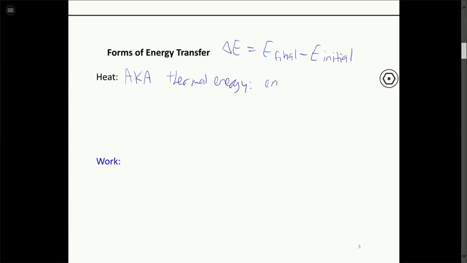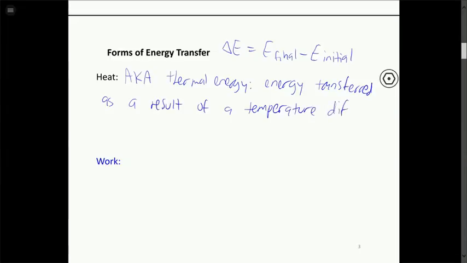And it's energy that's transferred as a result of temperature differences. So if your system and your surroundings have two different temperatures and they're in contact with each other, there will be energy transfer in the form of heat.